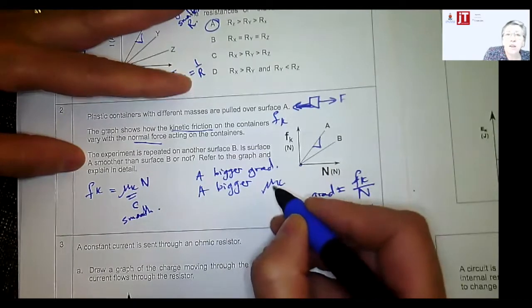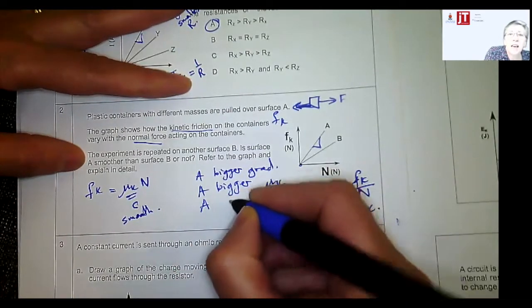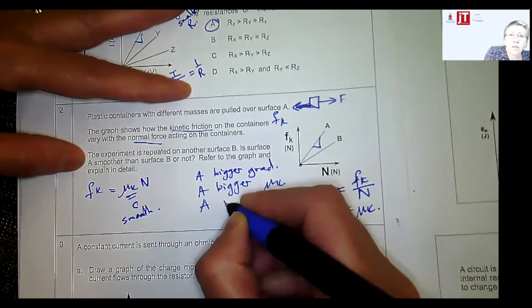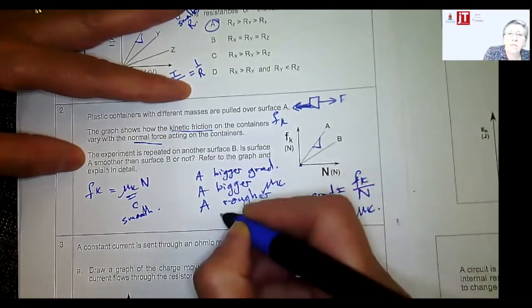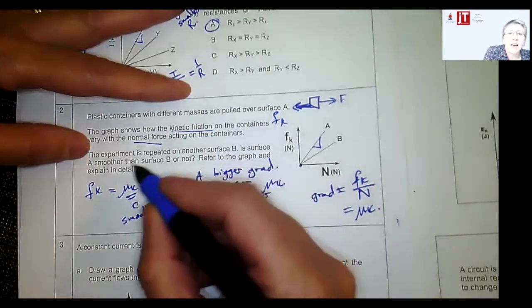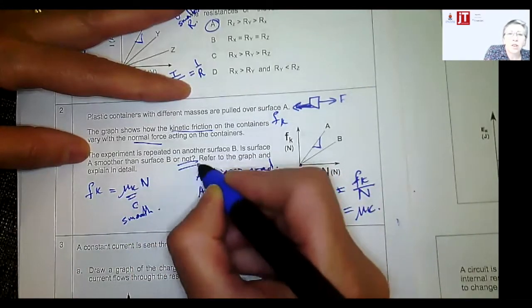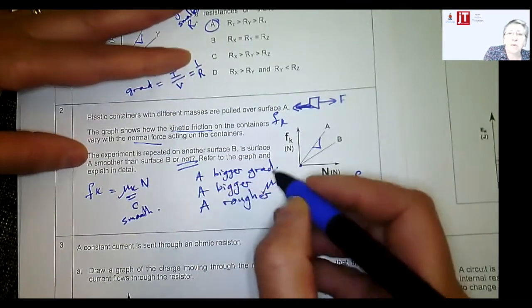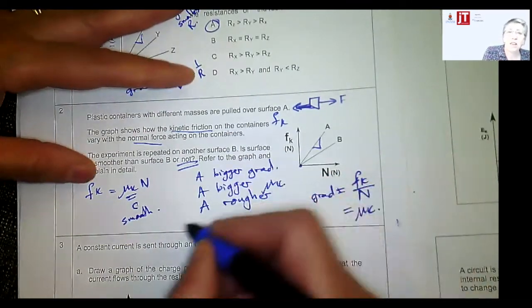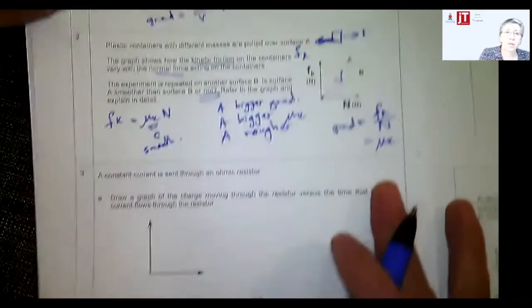And if it's got a bigger coefficient, it means A is rougher, right? More rough. So is A smoother or not? Not. And referring to the graph, you will say it's got a bigger gradient, therefore it's got a bigger coefficient of friction, and therefore it's a rougher surface.